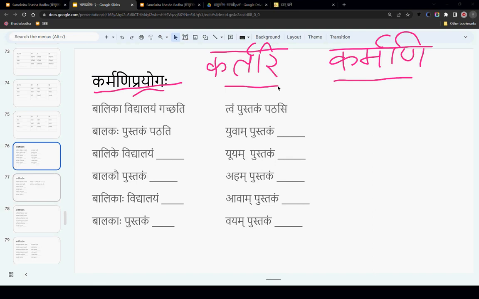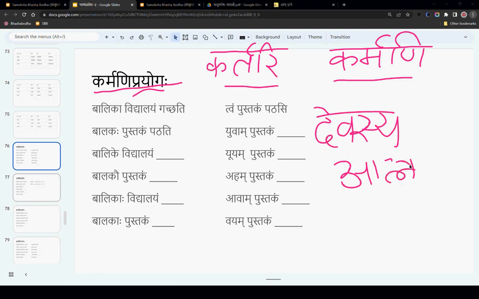But you can make a combined compound word, which is called Samastapadam, called Devalaya. Devasya Alaya, you can change it to Devalaya. So this becomes a compound or Samastapadam, Devalaya.